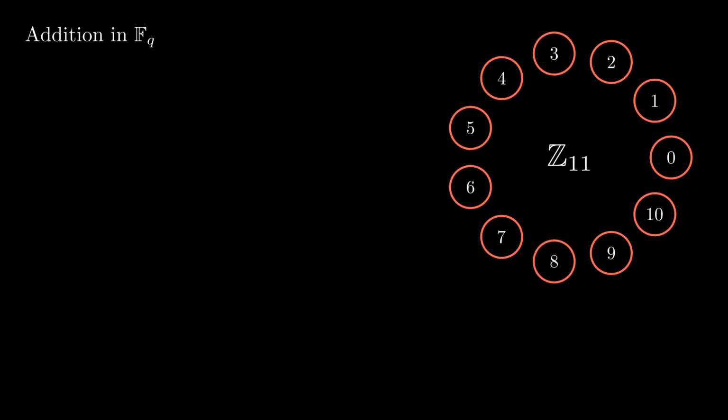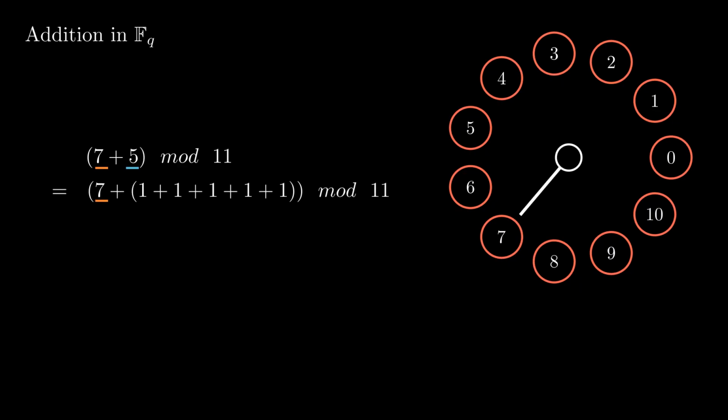Let's dive into some examples of how addition works inside a finite field. What happens when we add 7 and 5? To answer, we'll turn once again to our magical clock. We assign a color to each addition operand, orange for 7 and blue for 5. Now think of 5 as 1 plus 1 plus 1 plus 1 plus 1.